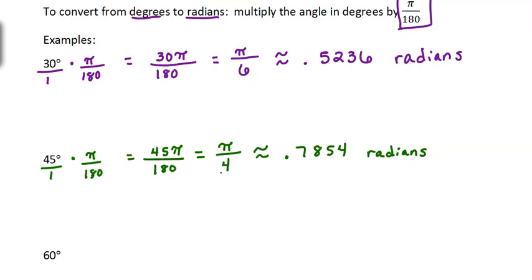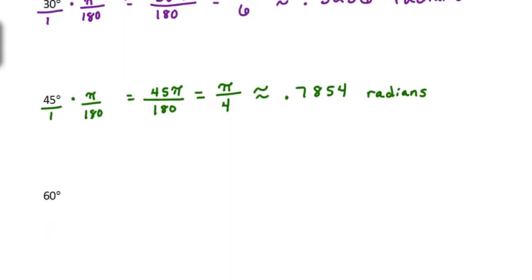I'm hoping by now that you're already guessing that 60 degrees is going to be pi over 3. If you're not, pretend like you were. So 60 degrees times pi over 180. This is going to be 60 pi divided by 180.